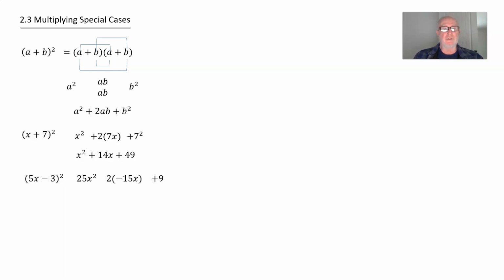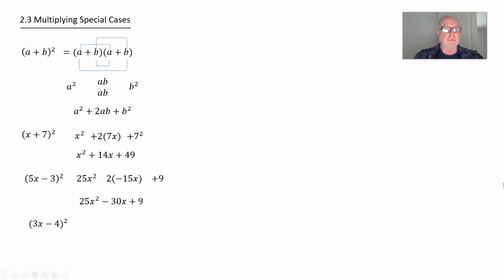And then times 2. So we get 25x squared minus 30x plus 9. So whether the sign is positive or negative, the last term, because we're squaring the second term, is always positive.